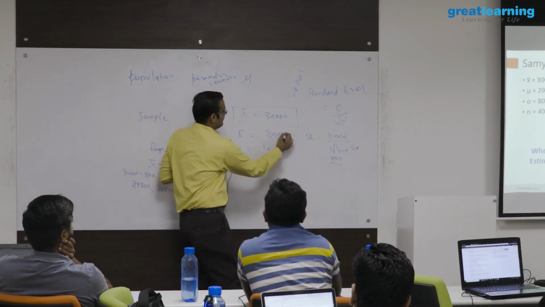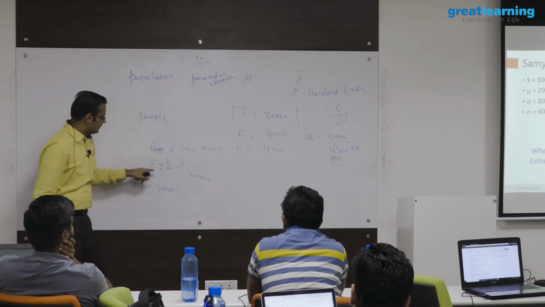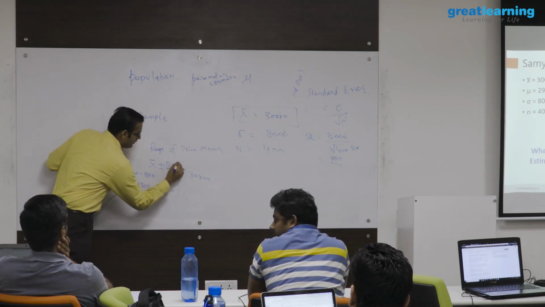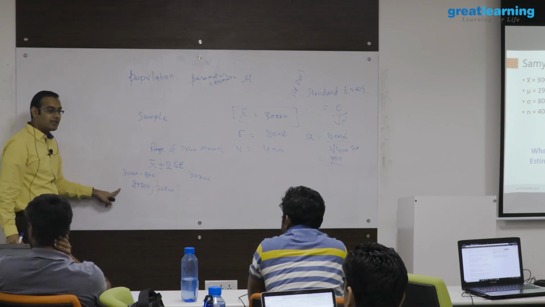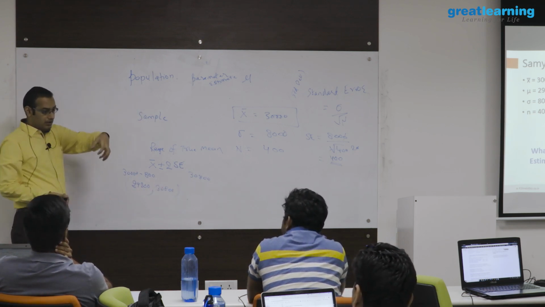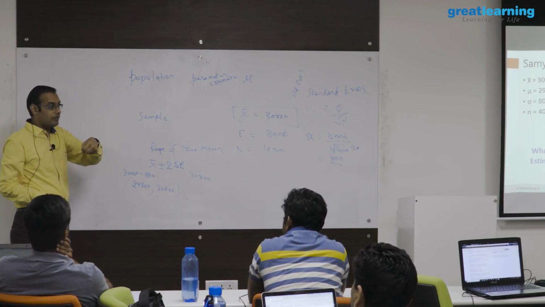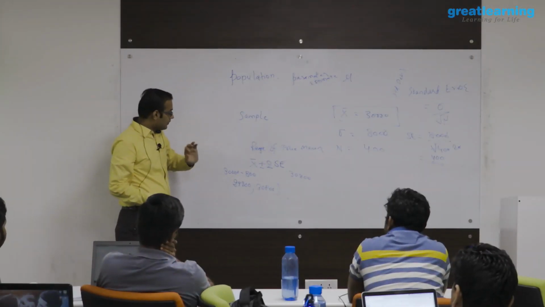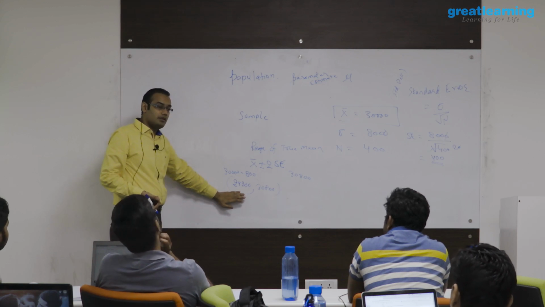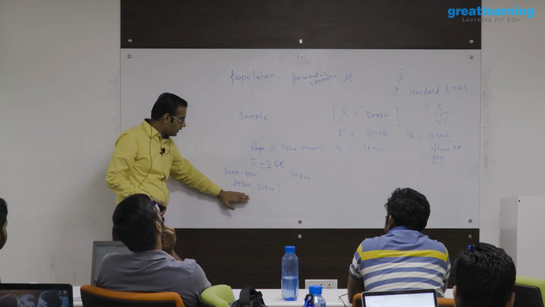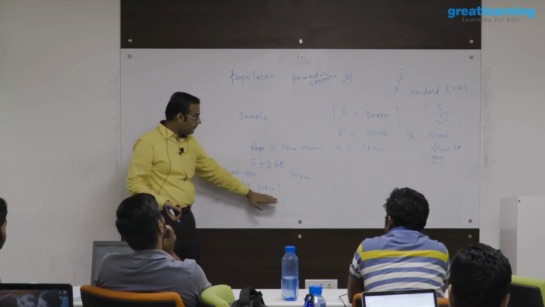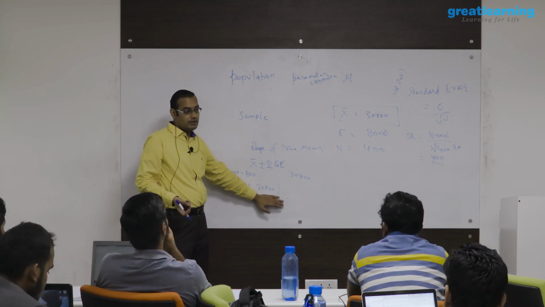So this is the range. From the sample, at a 95% confidence, I can say the minimum income of that locality would be 29,200 and maximum would be 30,800.